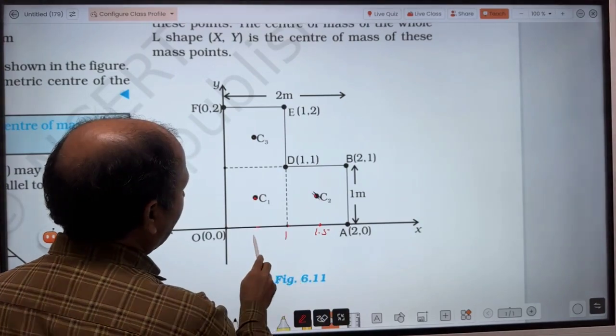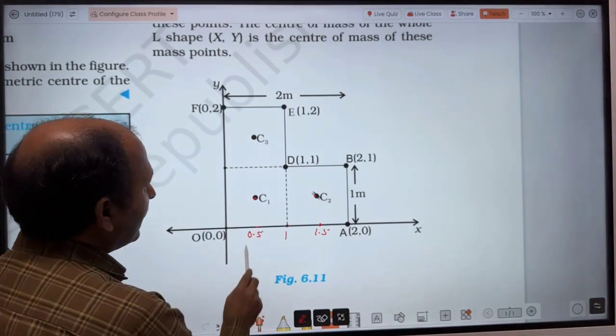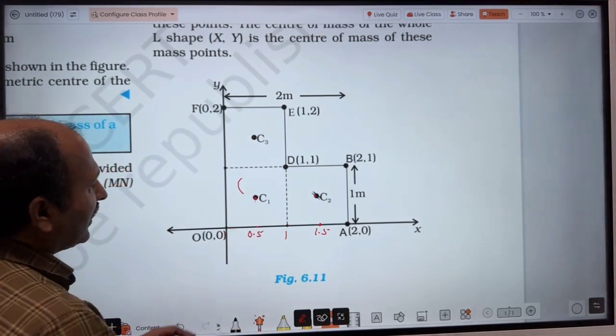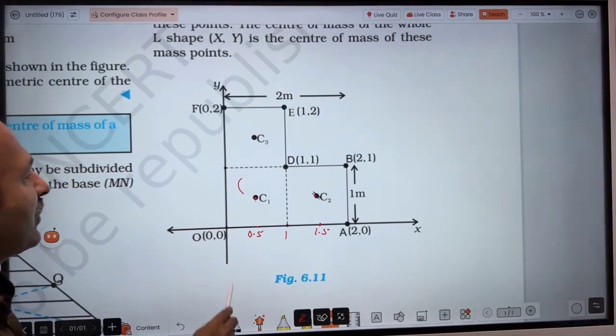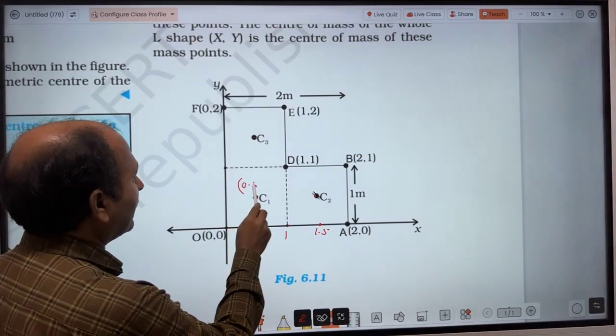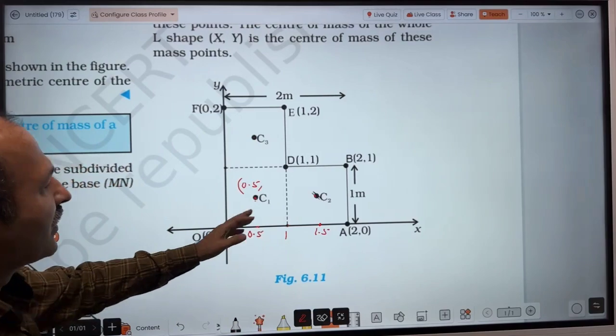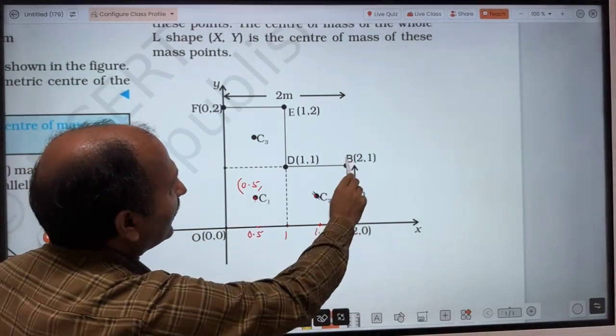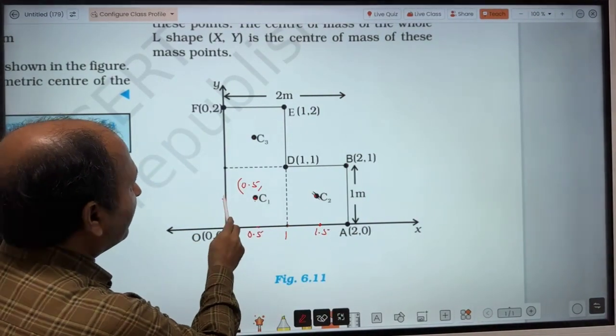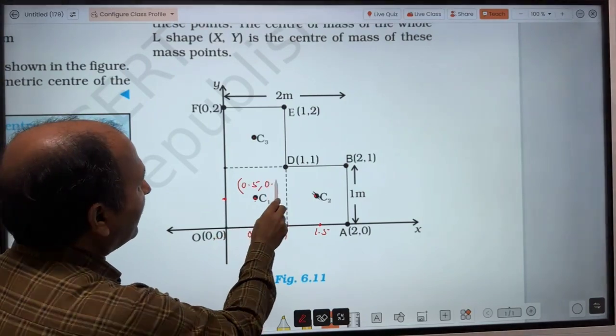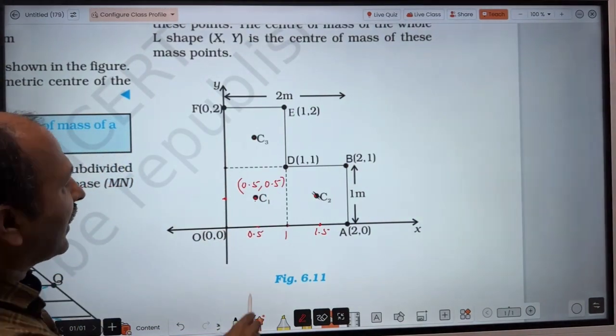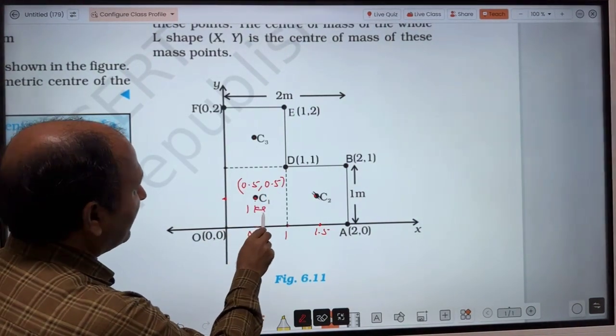Here it will be 1. Here it will be 0.5. So for this, the x coordinate will be 0.5. For the y coordinate, up to here it is 1. It is just midway, so it is 0.5. Correct? And as I told you, the mass is 1 kg.